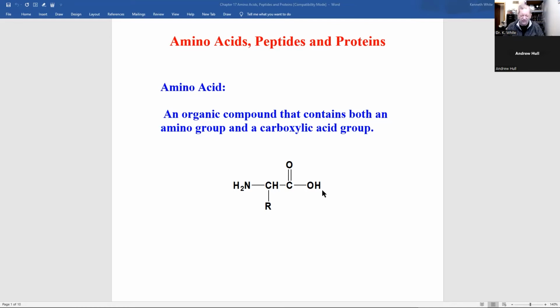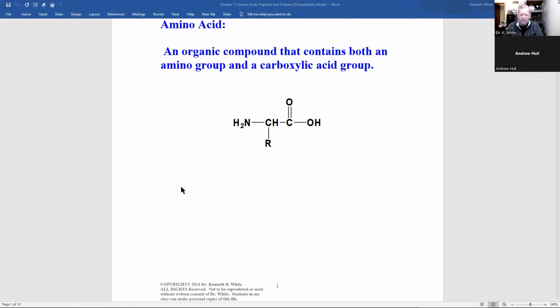Now, here I have one structure. A better way of thinking of it would be like this. And it's the same structure. And this is an amino acid.